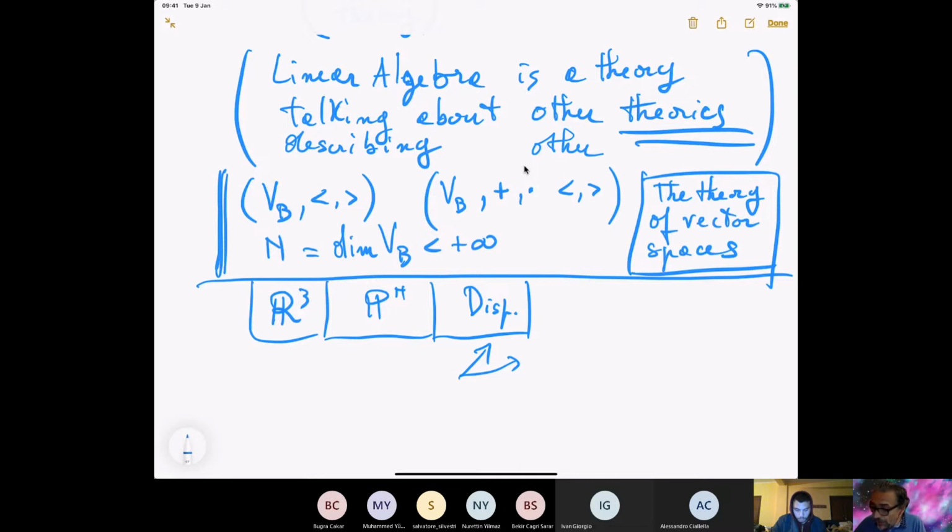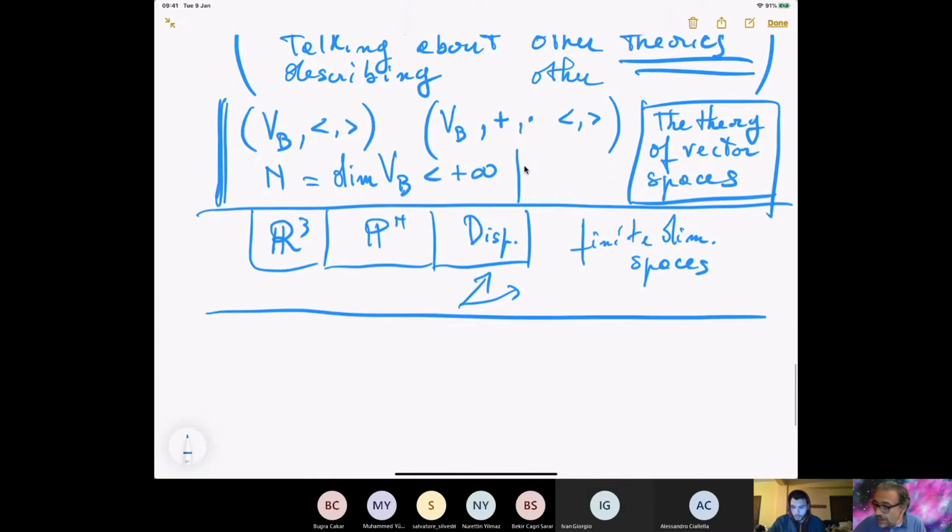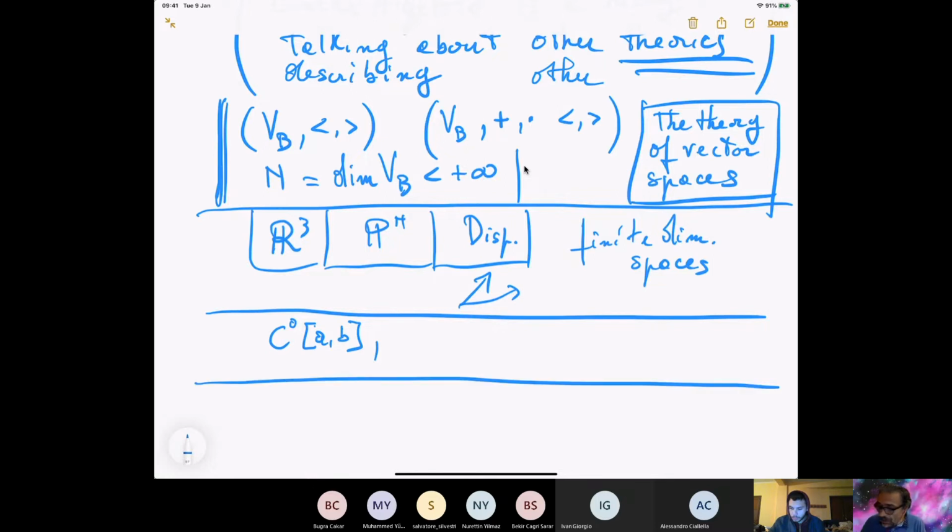These are finite dimensional spaces. If you skip the requirement that the dimension is finite, the theory of vector spaces is telling you how the set of continuous functions defined in an interval is behaving, or how the set of k times differentiable functions in the interval AB are behaving.